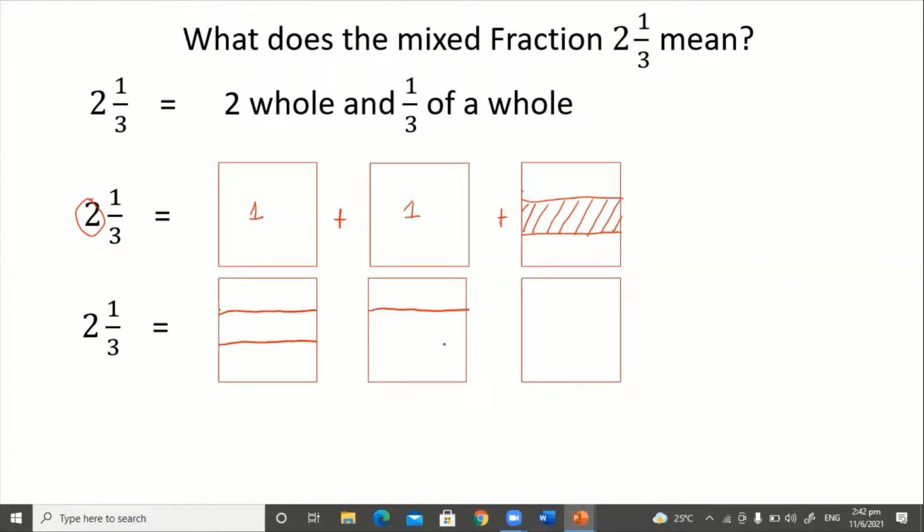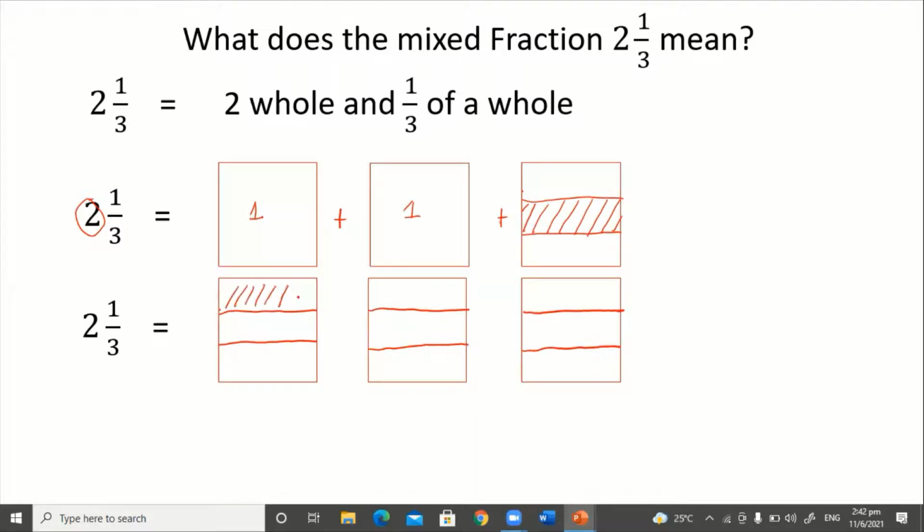Some of the space might look a little bit bigger. But we are dividing it into 3 equal parts, right? So each slice is the same. Now, one whole is the same as what? 3 out of 3, because if we want to shade this, what we'll have is 3 parts shaded out of a total of 3.